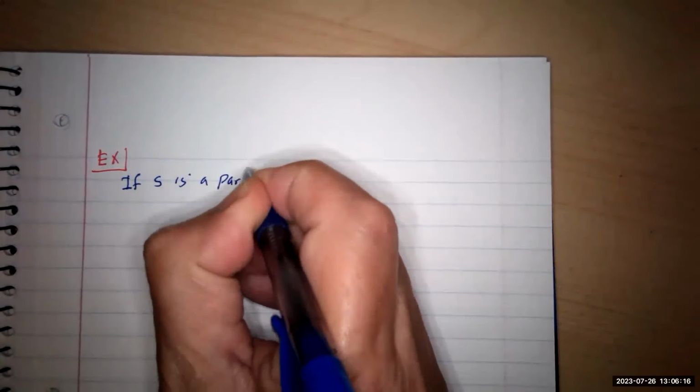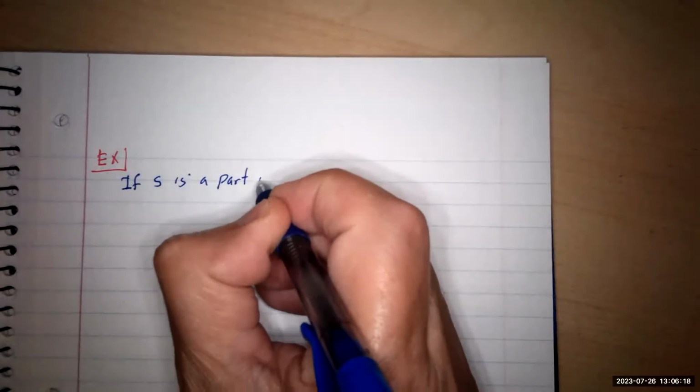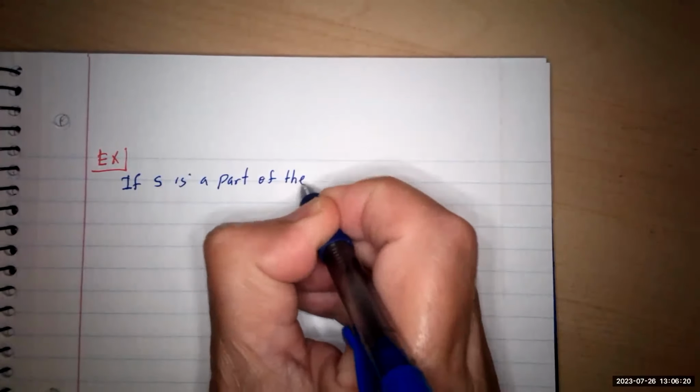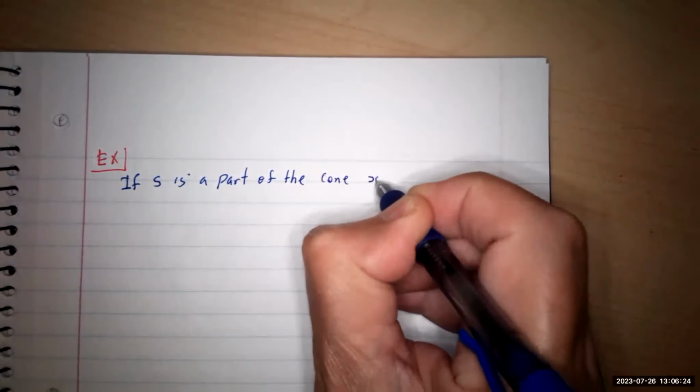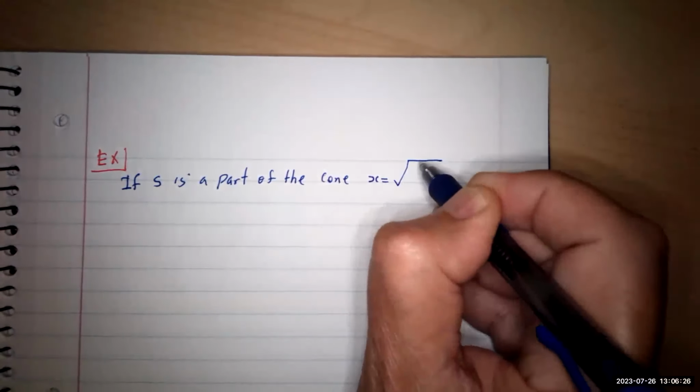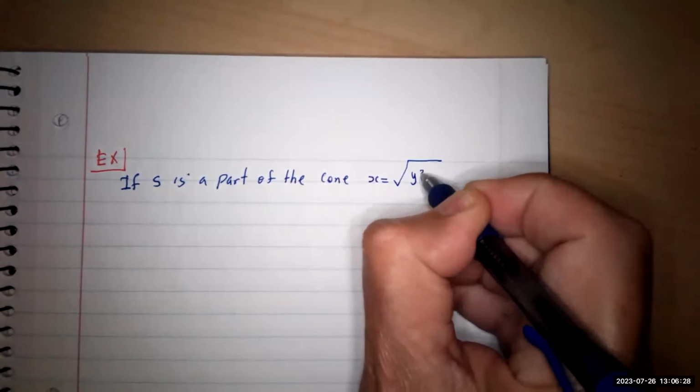Okay, let's have the example. There you are. We give you one on the final. If S, a curve, a parametric form of the surface would be given, and we ask you to find this integral. If S is a part of the cone x equal to the square root of y squared plus z squared.